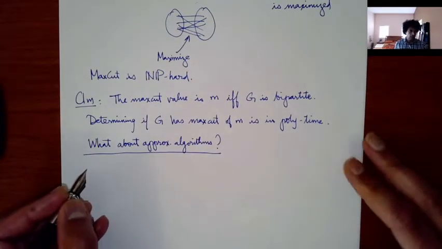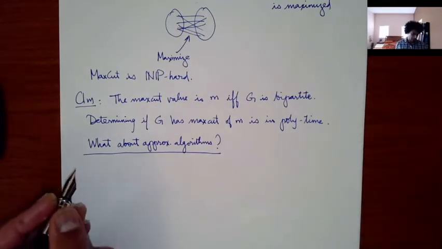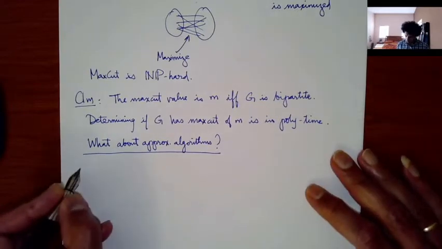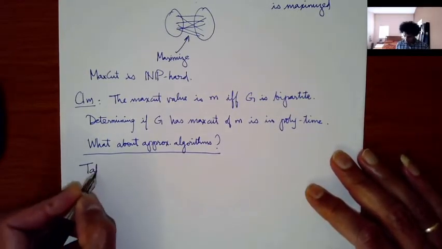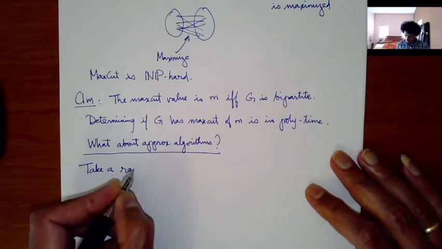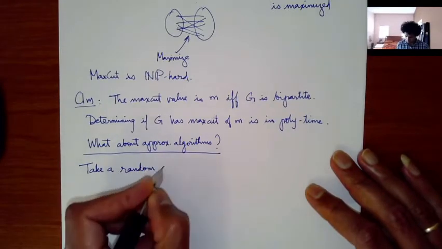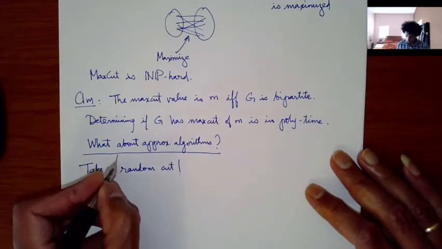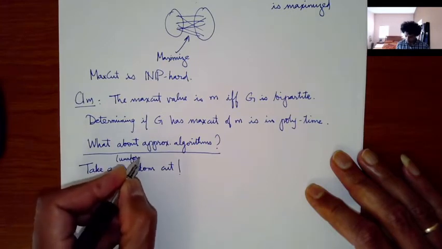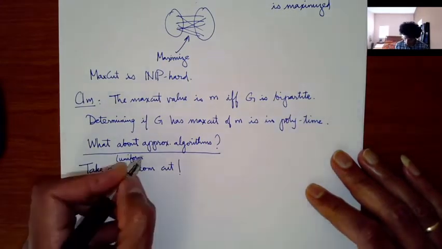Here's another simple but fairly classic known result. Take a random cut, a uniform random cut.